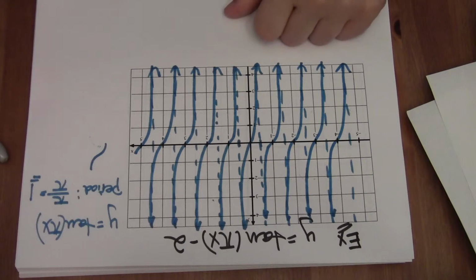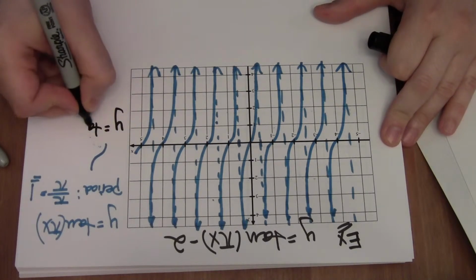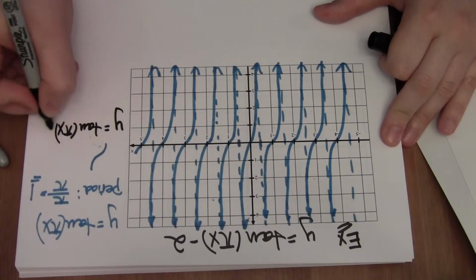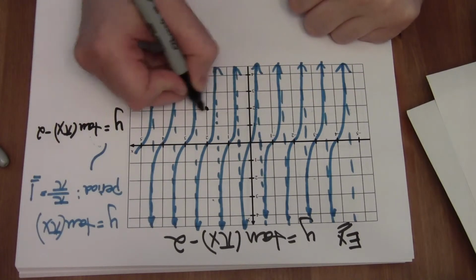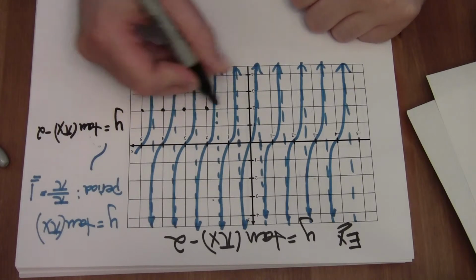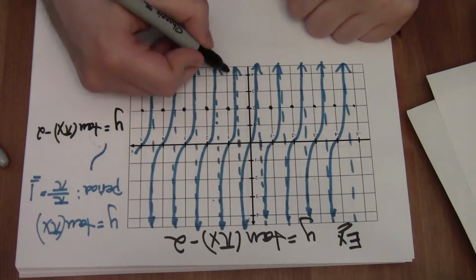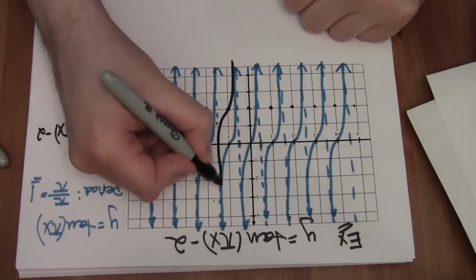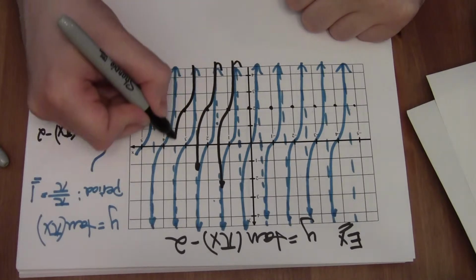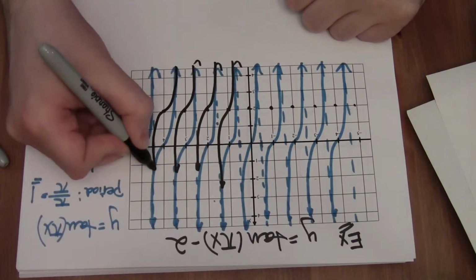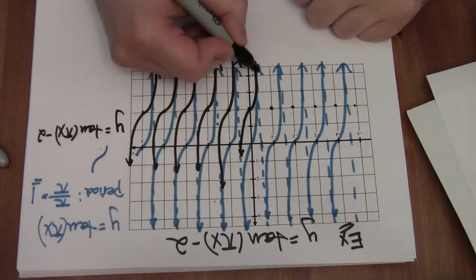Then, all I'm going to do is move everything down 2 units. So y equals the tangent of pi x minus 2. The asymptotes will stay where they are, but those points that were at a height of 0 are now going to be at -2. So something sort of like this.